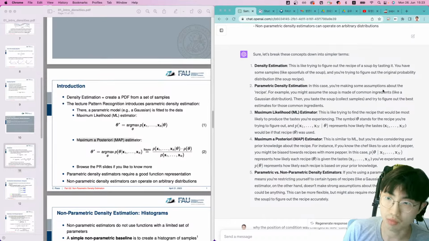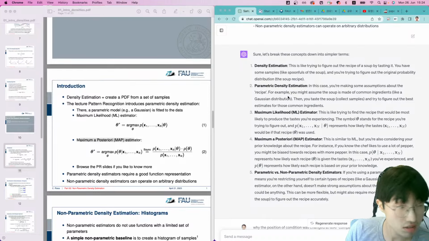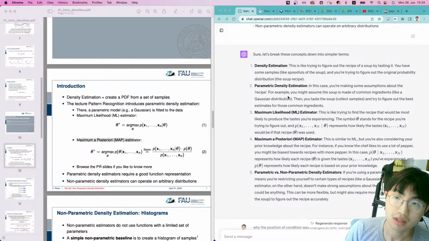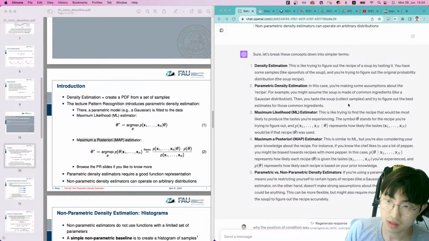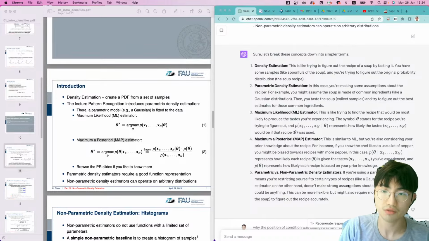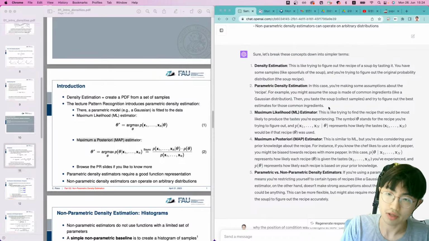So the model architecture is our model assumption about the recipe. For example, you might assume the soup is made of a common ingredient, like a Gaussian distribution. Then you taste the soup, collect samples, and try to figure out the best estimate for the common ingredient.